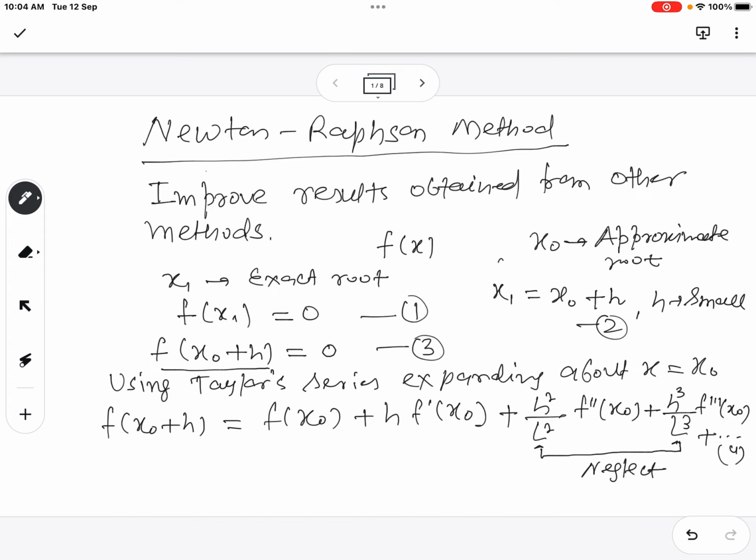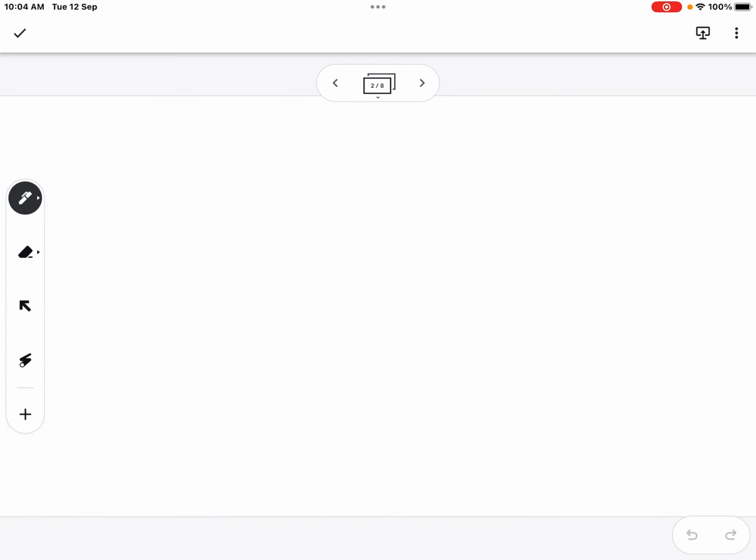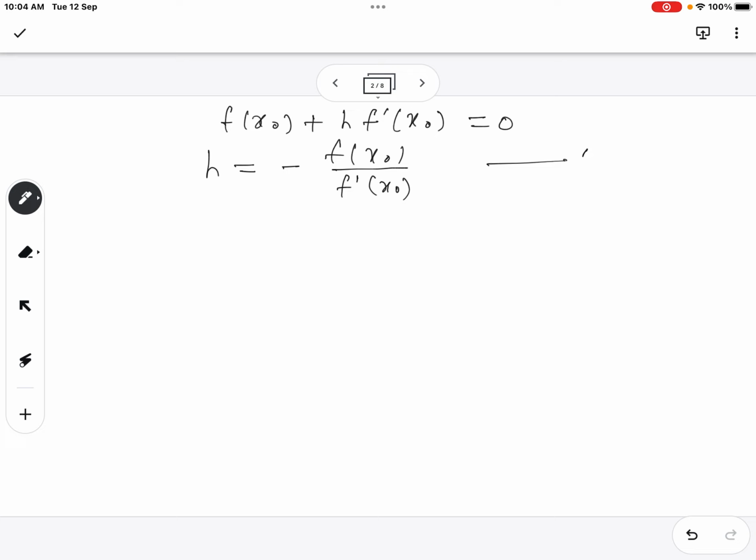So neglecting this, I get only the first two terms, f at x0 and h into the derivative of f at x0 equal to 0, and from this I obtain that h is equal to minus f at x0 divided by derivative of f at x0. This is equation number 5.